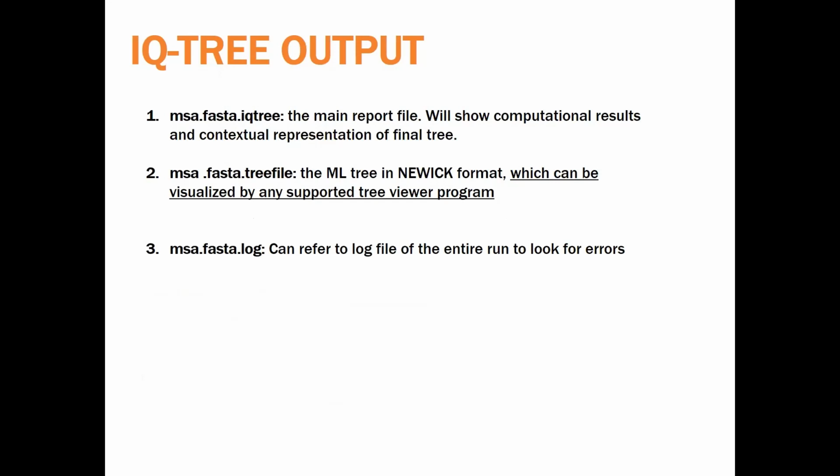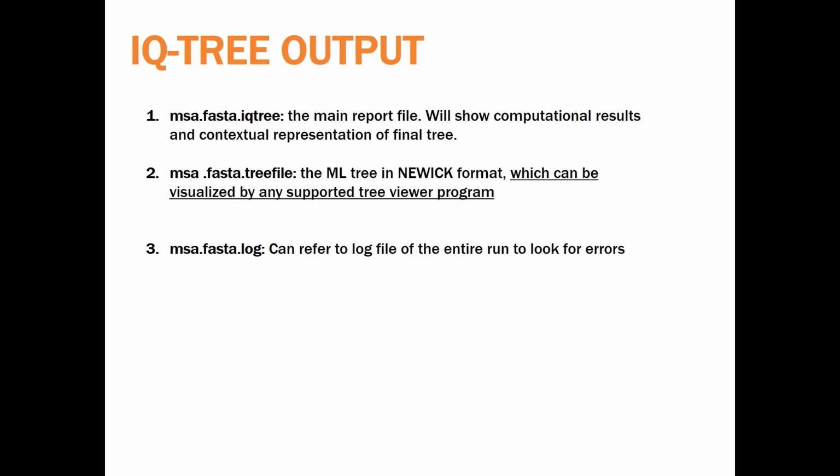There's different output that IQ-TREE produces. There's a .iqtree extension, and this is the main report file. It'll show computational results and a textual representation of the final tree. The .treefile is what we're most interested in.